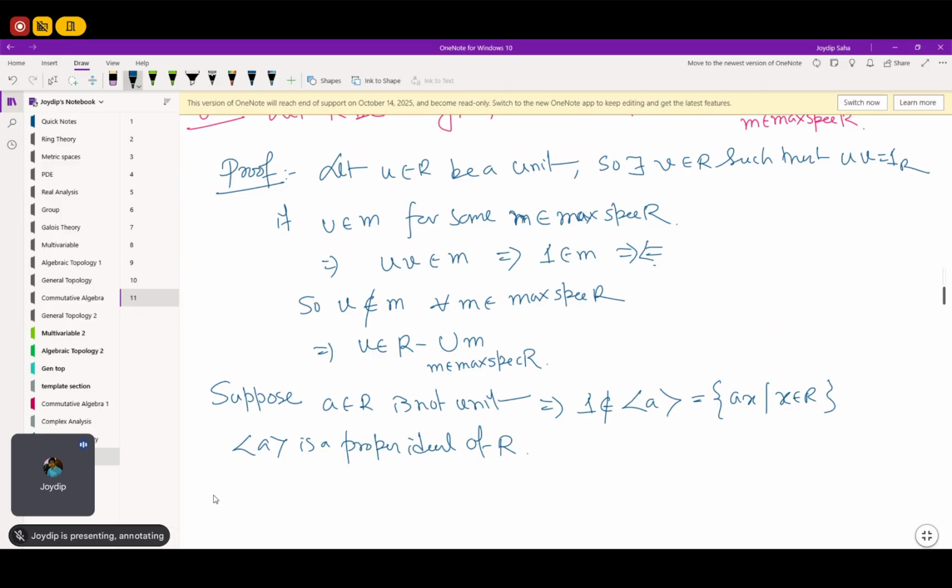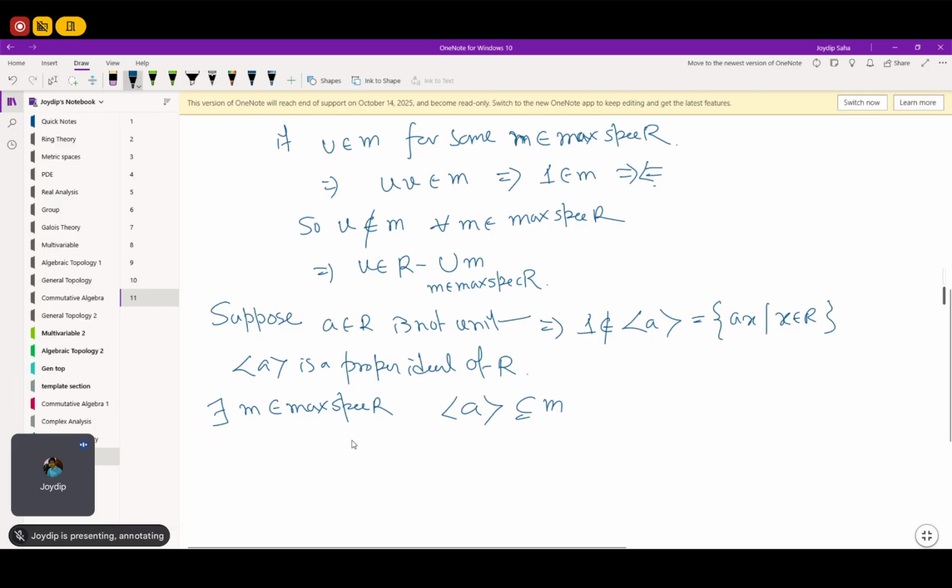Since R is a commutative ring with identity, here all rings are commutative. By properties of maximal ideals, there exists a maximal ideal M such that every proper ideal is contained in some maximal ideal, maybe it is equal, but a subset.